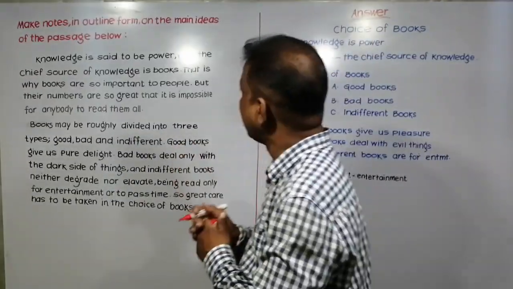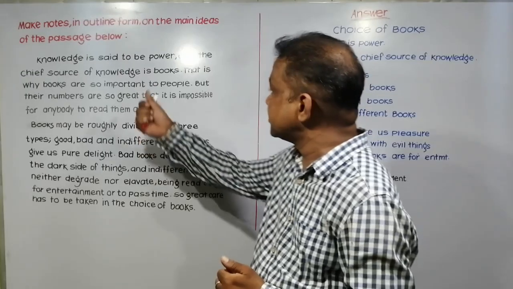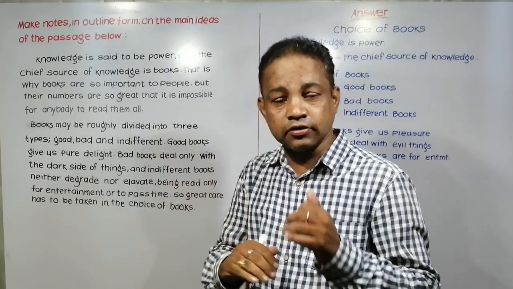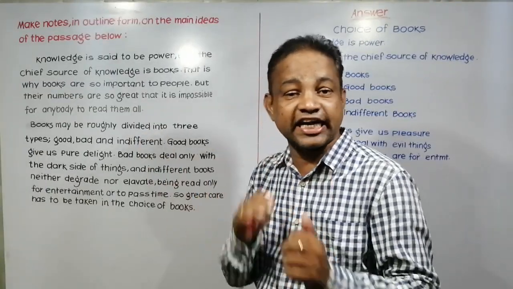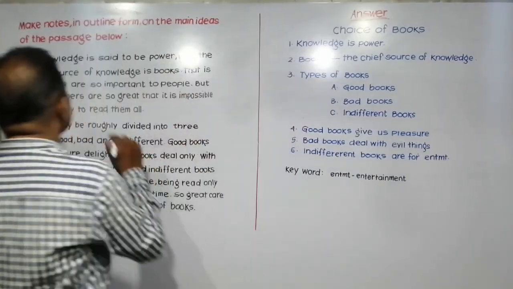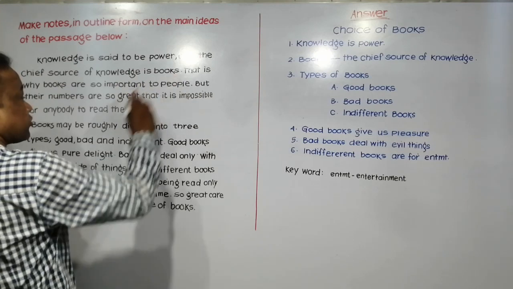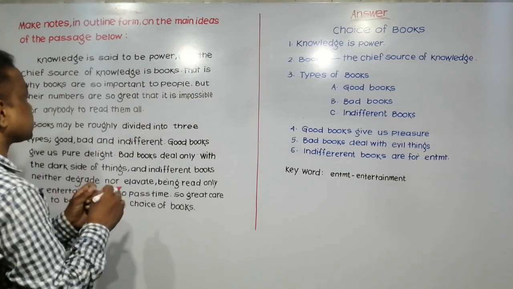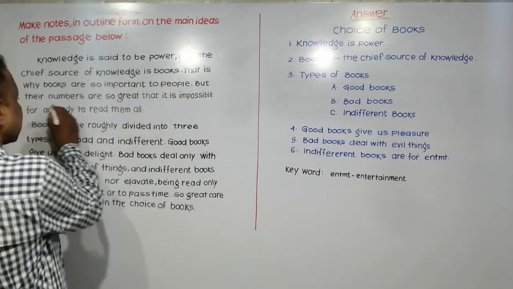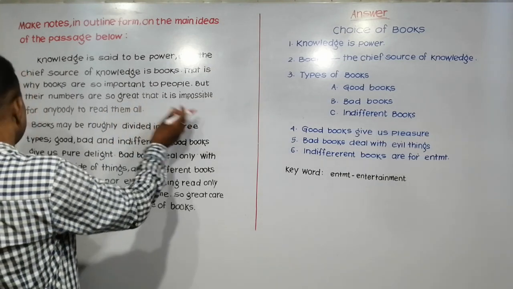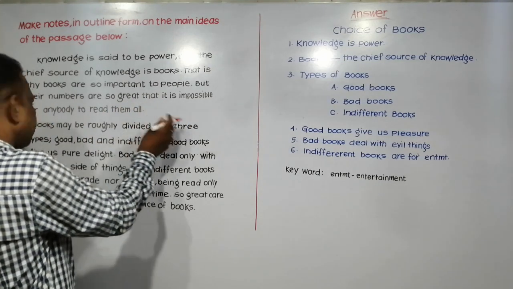Let us make notes in outline form on the main ideas of this passage. First of all, read the passage carefully and attentively. I'm reading the passage now. Knowledge is said to be power, and the chief source of knowledge is books. That is why books are so important to people. But their numbers are so great that it is impossible for anybody to read them all.